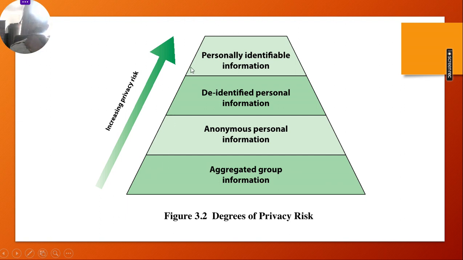As you go up the ladder, the privacy risk is getting bigger. So we have to do something when we are releasing a set of data to the public, especially government agencies. They have to carry out de-identification in the process and ensure that there is no code or algorithm that can help in re-identification of personally identifiable information. Okay, so that's that. Let's move on quickly.